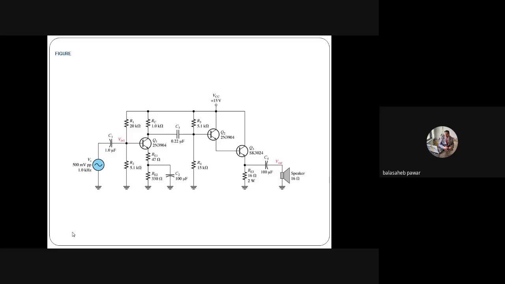From there, try to plot the voltage level on the x-axis, that is VCE. How much will it be? Half. Yes, it is exactly half of VCC, and that is nothing but 7.5 volts expected. Am I right?